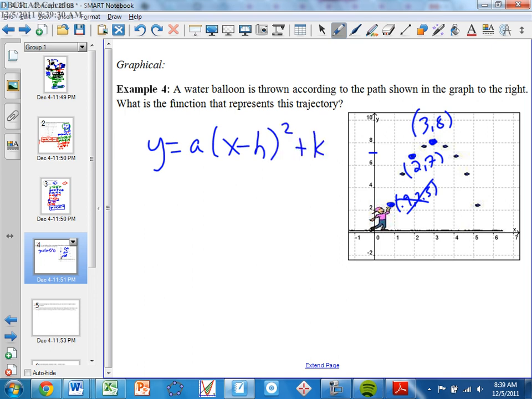Try this one on your own. Again, 3, 8 is my vertex, and 2, 7 is my additional point.